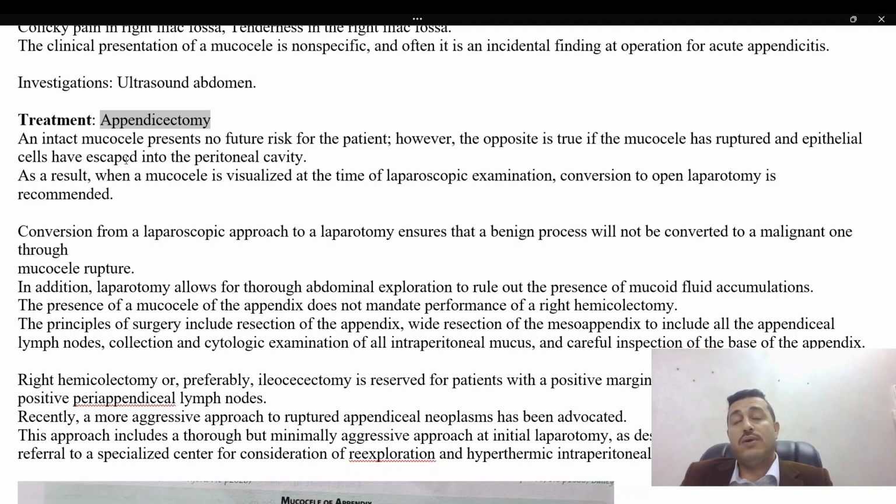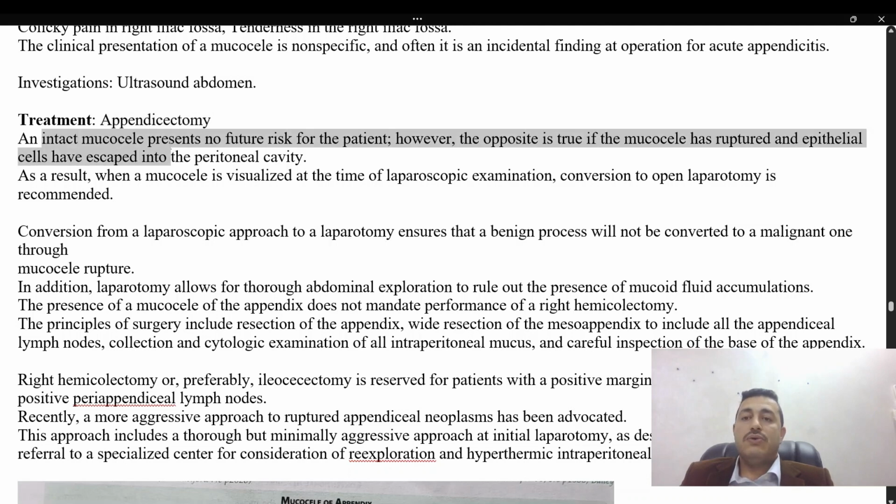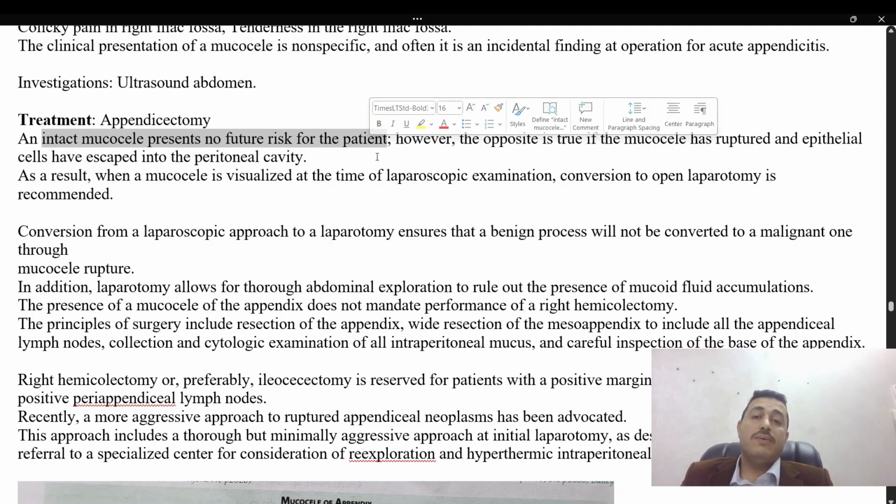Sometimes if you are approaching with laparoscopic appendectomy, you can convert to open in order not to rupture the appendix, or you can use a basket or retriever in the abdomen by laparoscopic approach. So, intact mucocele, no risk for pseudomyxoma. The problem is with pseudomyxoma peritonei.